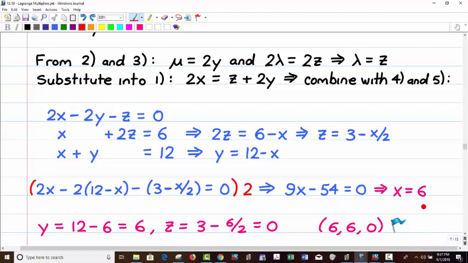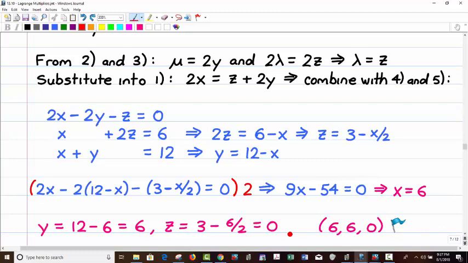All right, so once we do that, y equals 12 minus 6 equals 6. And then z equals 3 minus 6 over 2, which equals 0. So you may remember from the beginning of the problem that it said it was non-negative. So 0 is a perfectly acceptable answer. This problem wasn't based on any kind of measurements.